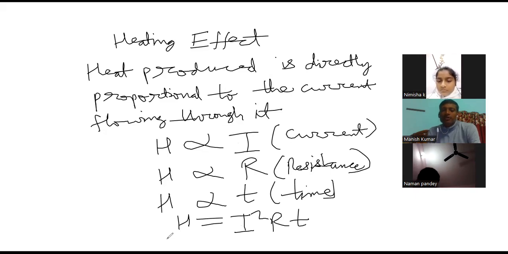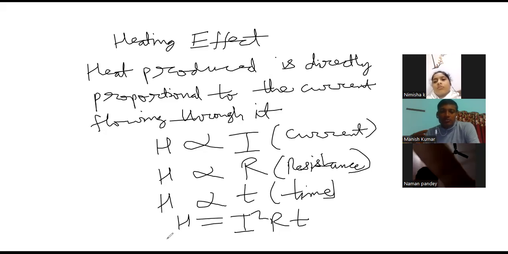Heat produced is equal to the square of the current flowing through it multiplied by the resistance which it goes through and multiplied by the time duration for which the current is flown through the circuit. H is equal to I square RT. Clear? Have you written this in your notebook? Yes, sir. Sure, I will check also afterwards.